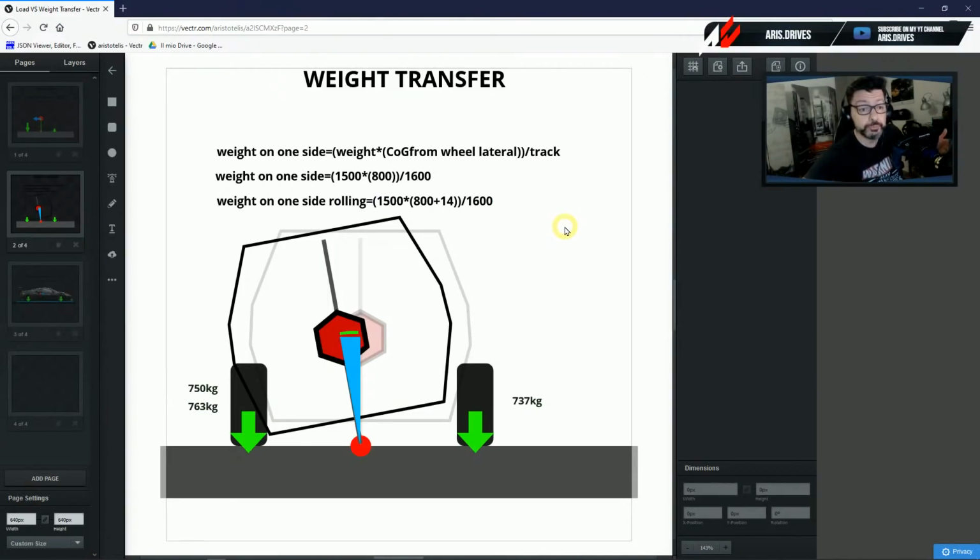So here's the situation, and here's the difference between load transfer and weight transfer. Again, I'm oversimplifying wherever I can, because as you can see, there's lots of maths stuff in here.